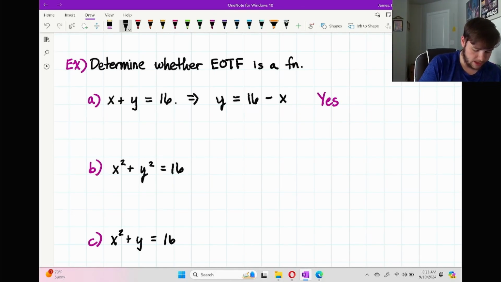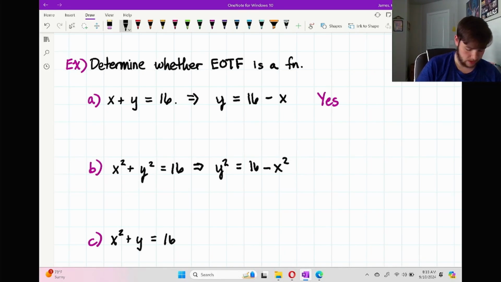But let's take a look at the next one. Here, I would move my x squared over to the other side. And now I need to take the square root on both sides. So I get y equals, by my square root property, plus or minus the square root of 16 minus x squared.